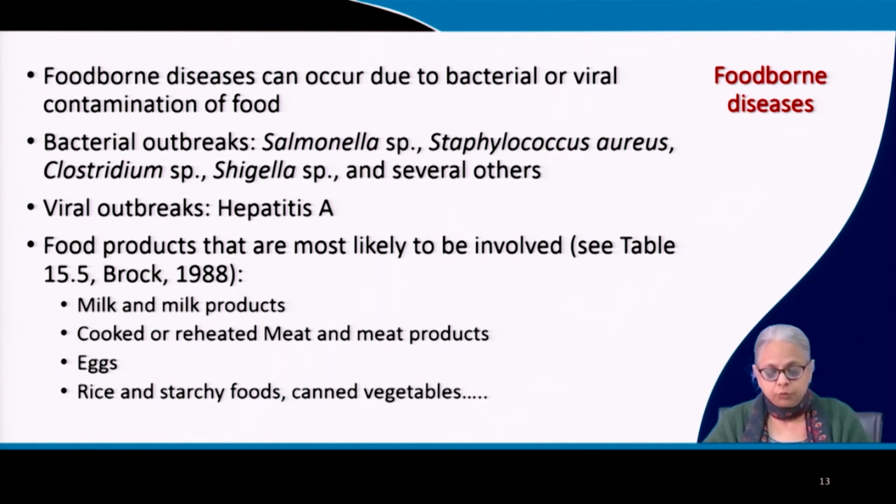The food products that are most likely to be contaminated by these pathogenic organisms: we have milk and milk products, we have cooked or reheated meat and meat products, we have eggs, rice and starchy foods, canned vegetables. These are all highly vulnerable to contamination by these pathogenic species.